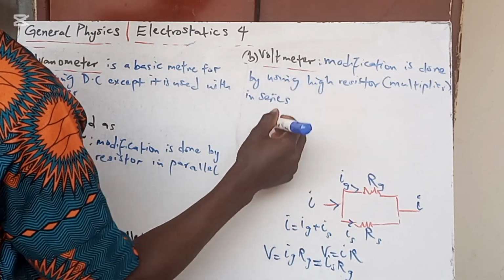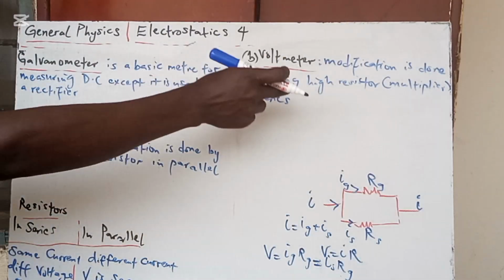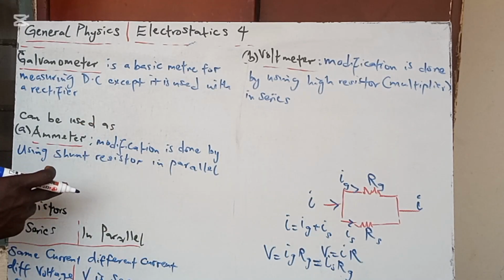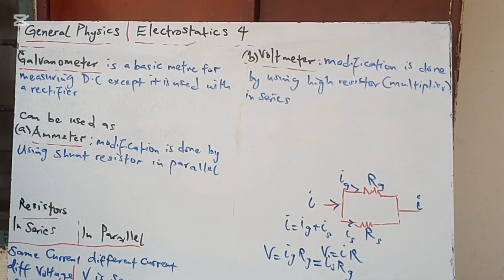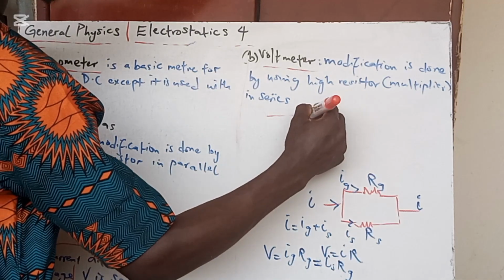Note, you are connecting a high resistor in series, but for the ammeter you connect the shunt resistor in parallel, so there are two different entities. If you are connecting in series, it is going to be something like this.